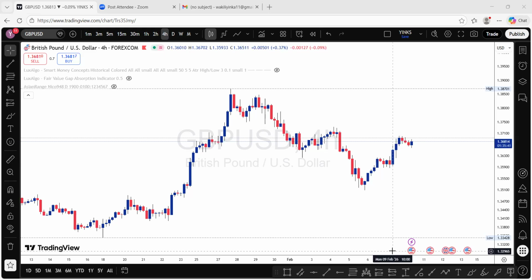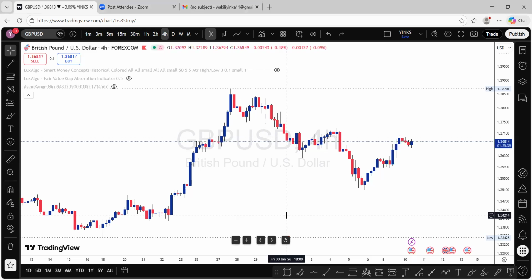So I don't teach supply, I don't teach demand. We are strictly on market structure. Retail strategy, not SMC. Retail strategy has to do with support and resistance, trend line, candlestick confirmation, and chart pattern. So we have nothing to do with supply and demand.